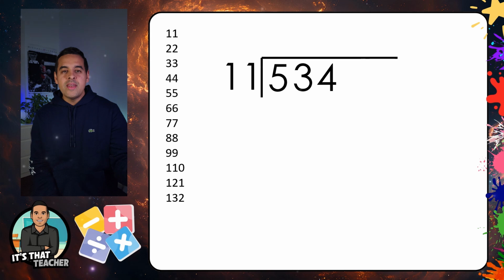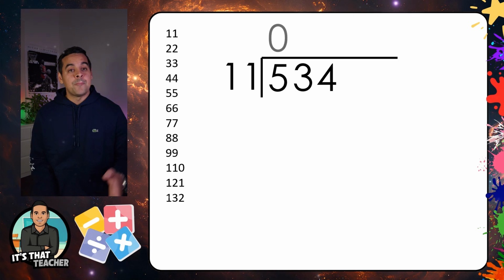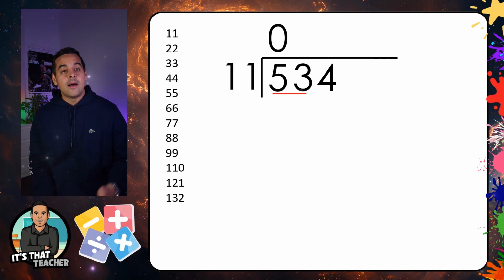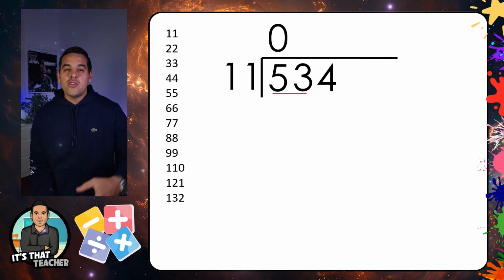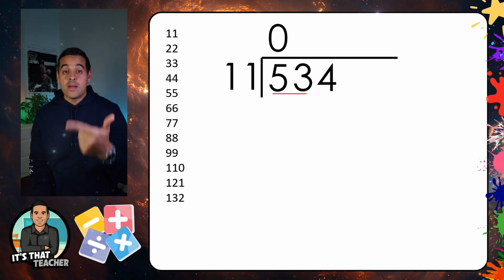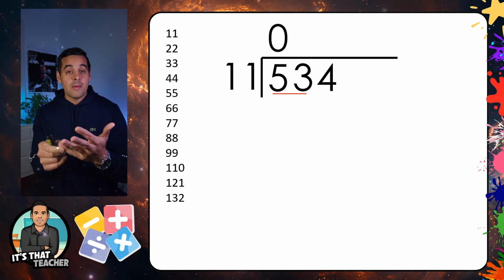So we need to do exactly the same process as we have done in our previous lesson when you divide by 1 digit. Now, how many 11s can fit in 5? That would be 0. So we combine the next two numbers to create 53. Now, if you go down the multiples, you can see this is what you need to do. So how many 11s can fit evenly into 53? 11, 22, 33, 44. 55 is too much, so you can't do that.